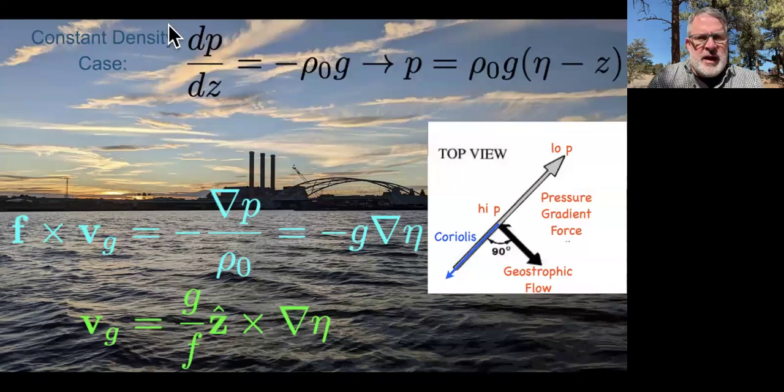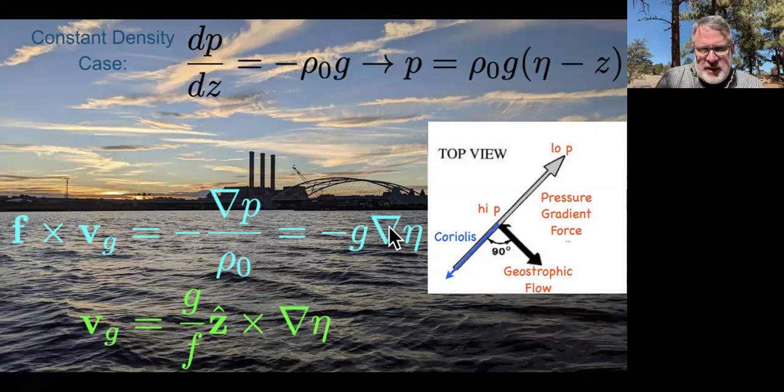So here we are. Here's our hydrostatic balance, just rewriting those equations. So the Coriolis force on the geostrophic velocity is minus the pressure gradient over rho naught, which, if I take this formula and do that manipulation I just said, take its gradient, I just get g gradient of eta here. So the geostrophic flow is in balance with just the horizontal variations of the sea surface height if the density is constant.